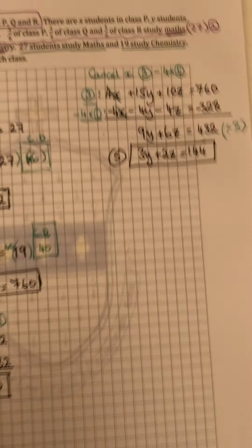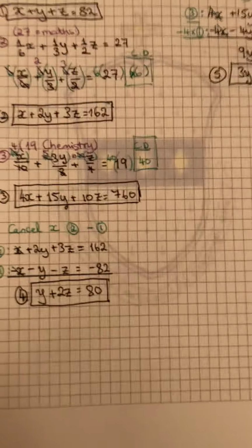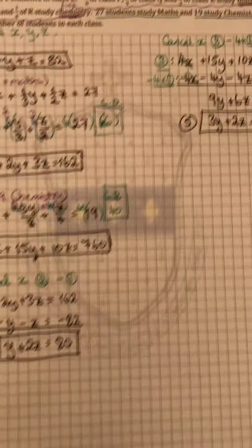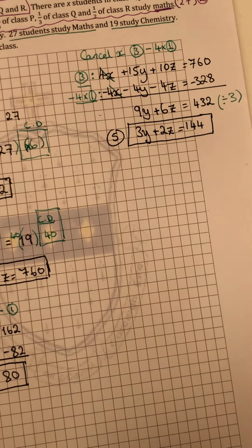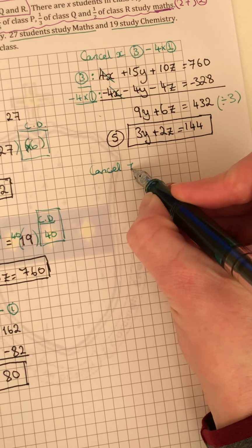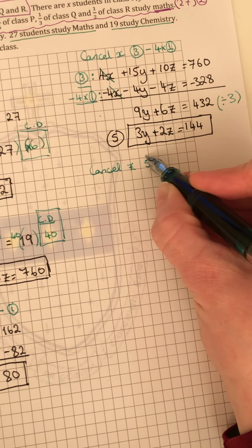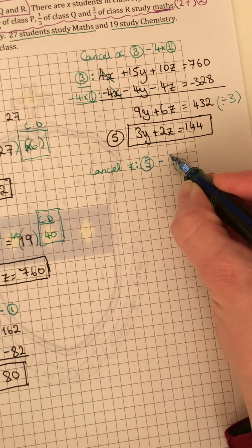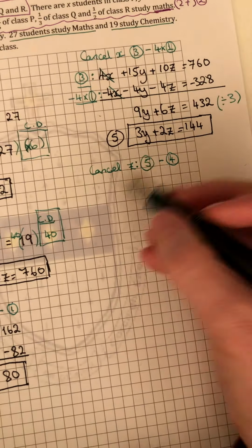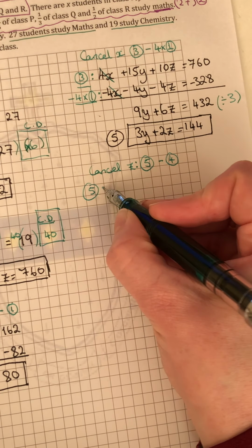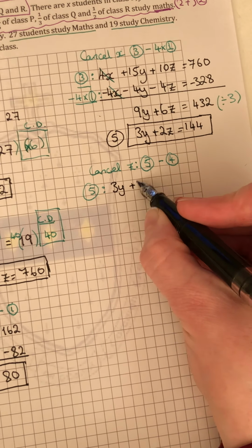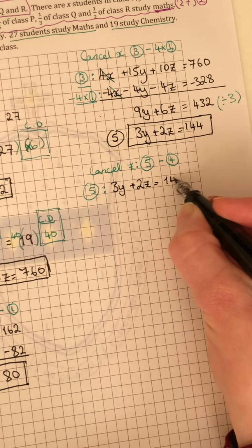Now, looking at equation 4 and equation 5, the obvious thing to do is to cancel z, because they both have the same coefficient, so all I need to do is change the signs. I cancel z, and I'll do that by equation 5, take away equation 4, just because it means I won't have a negative answer when I'm working with it. Equation 5 is 3y plus 2z equals 144.